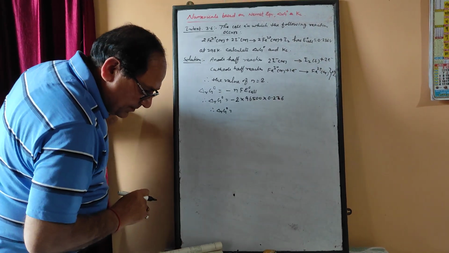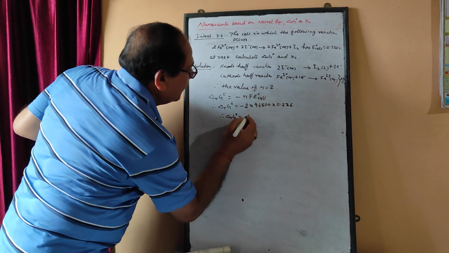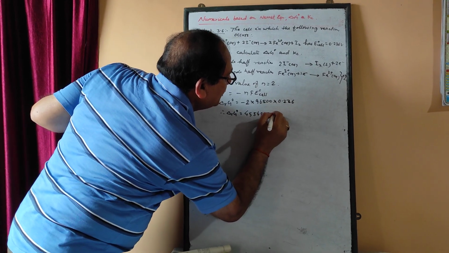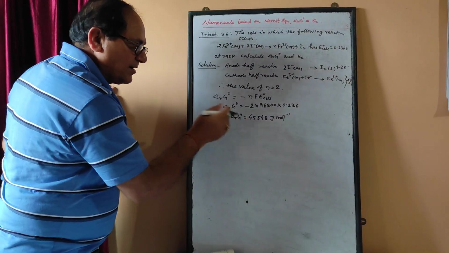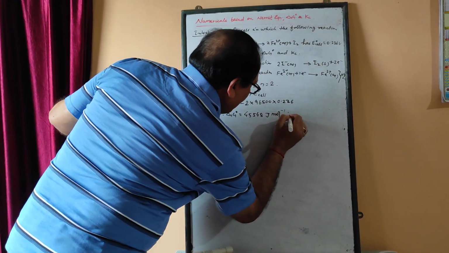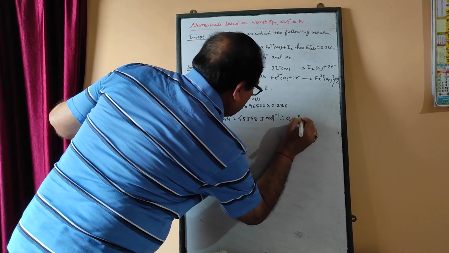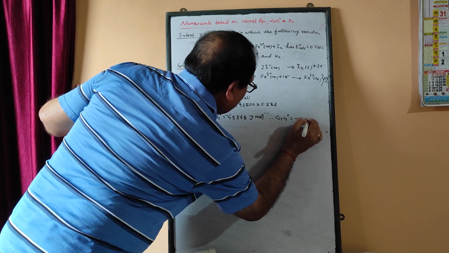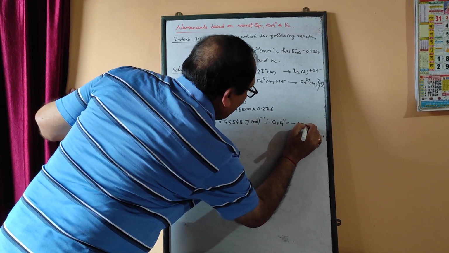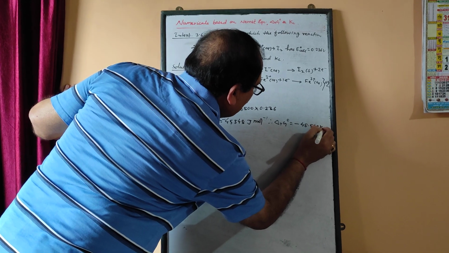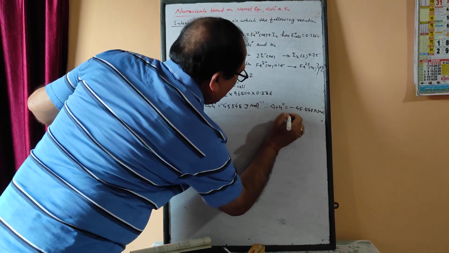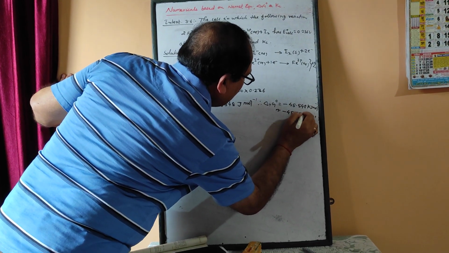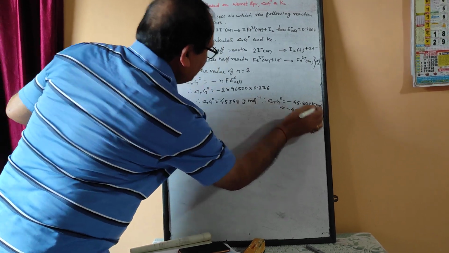So this is 45548 joule per mole. You can convert into kilojoule. Therefore, delta rG0 is equal to minus 45.548 kilojoule per mole, or minus 45.55 kilojoule per mole. This will be the answer.